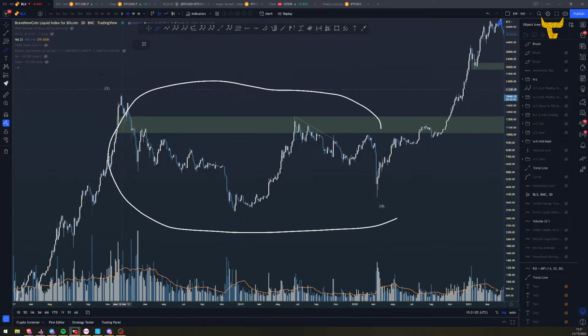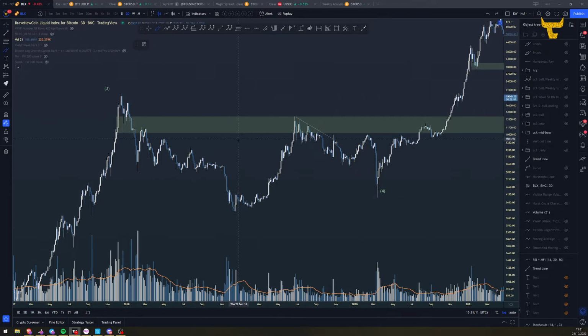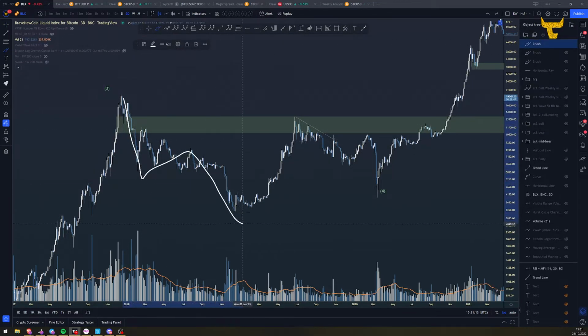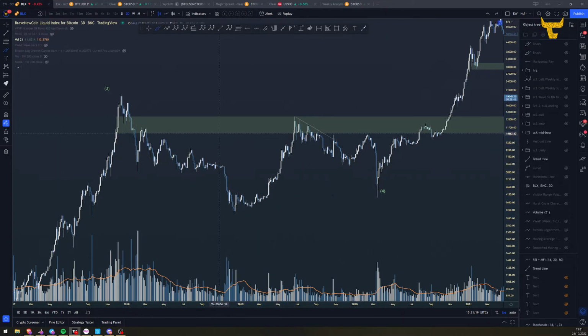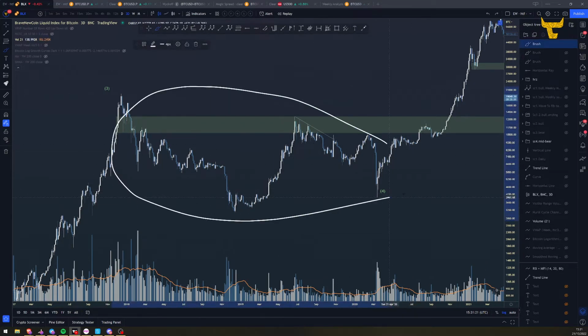I have to consider this as potentially a corrective structure on itself. The most obvious being just a corrective structure here, and here the first impulse correction of the new impulse, that is all kind of sideways.